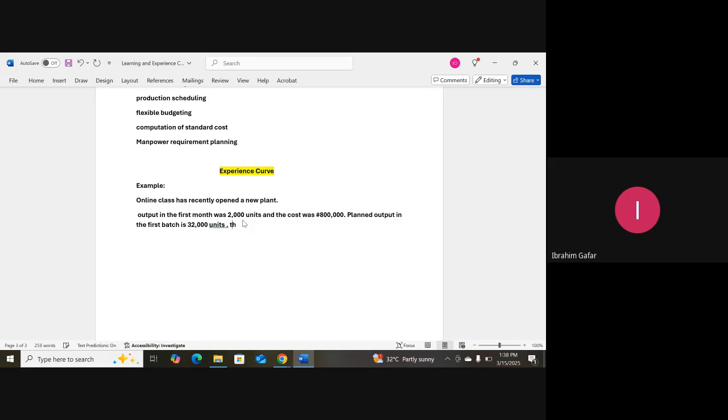The company expects to achieve a 95% cost experience curve.